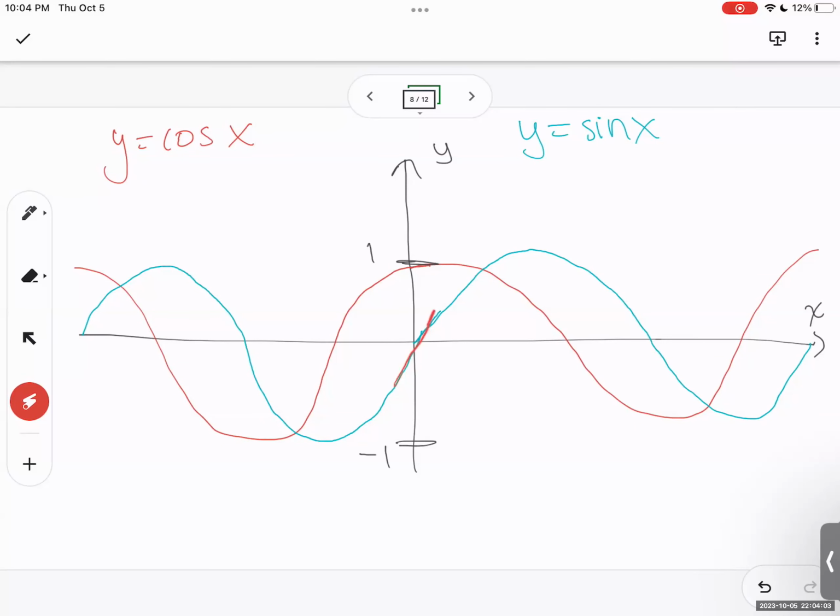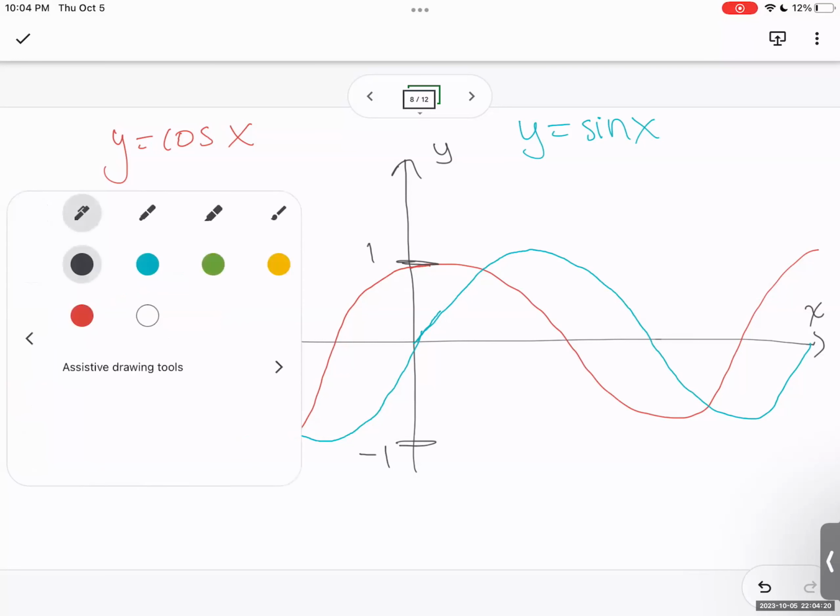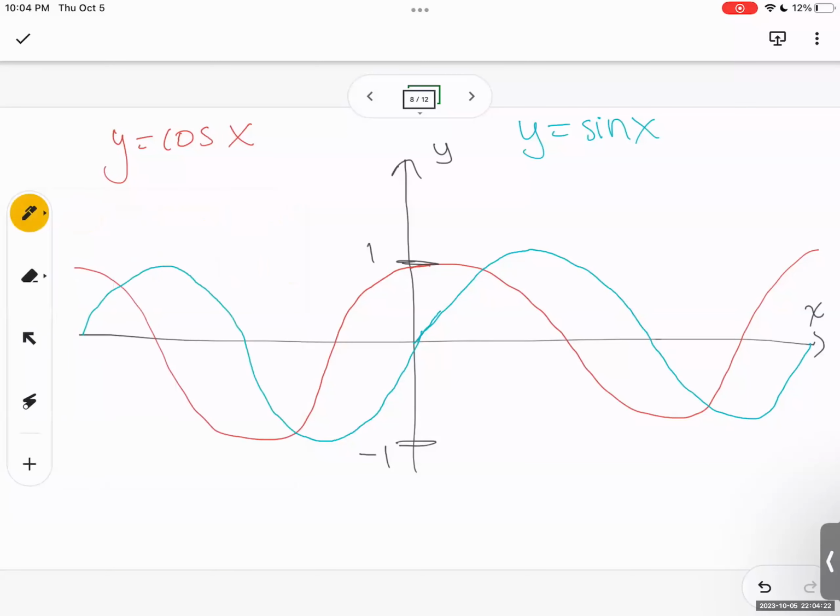So our derivative cannot be sine x, because right after x equals 0, sine x is positive. So it's not going to represent the derivative of cosine. So it's not sine x, but minus sine x.